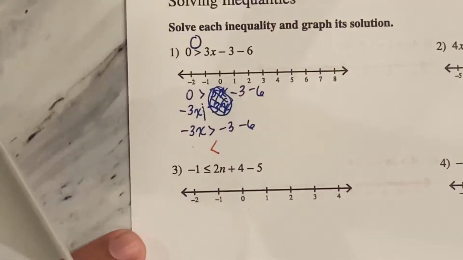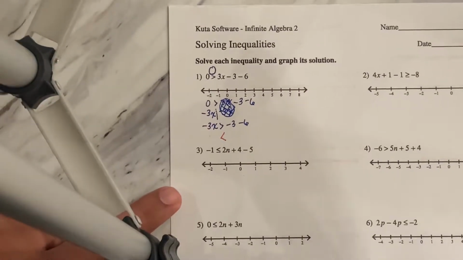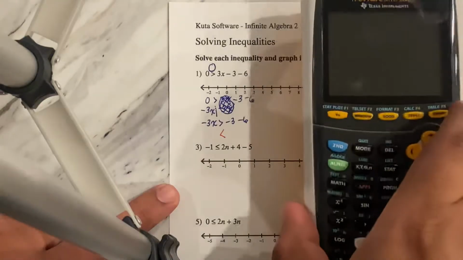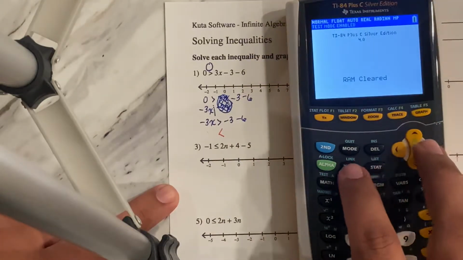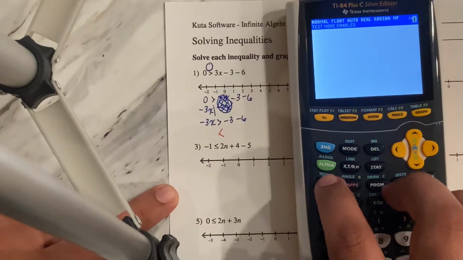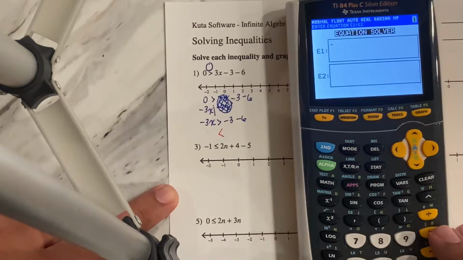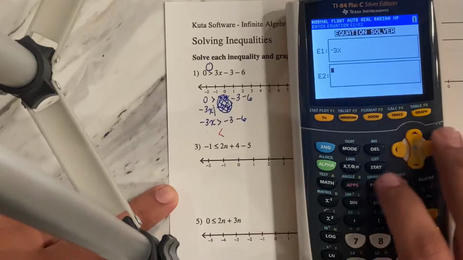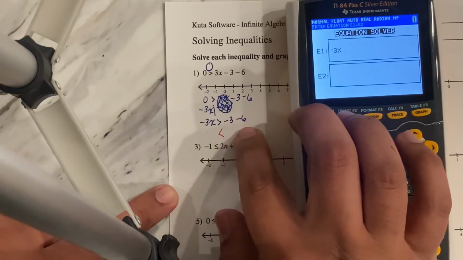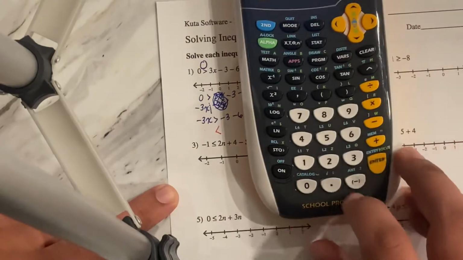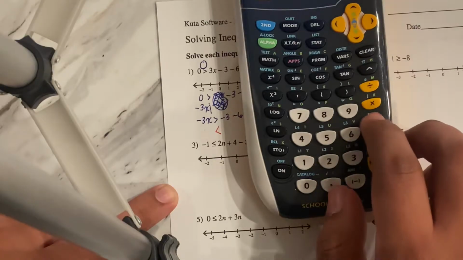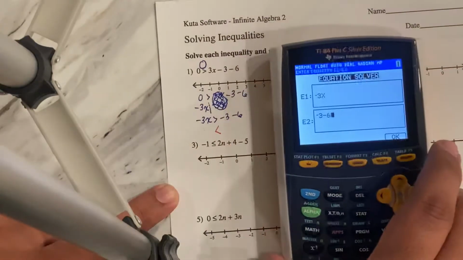Okay. I'm going to zoom out so we can look at the calculator and put that in real quick. Math, again, up, solver, negative 3x, go downstairs, negative 3 minus 6, looks like that.